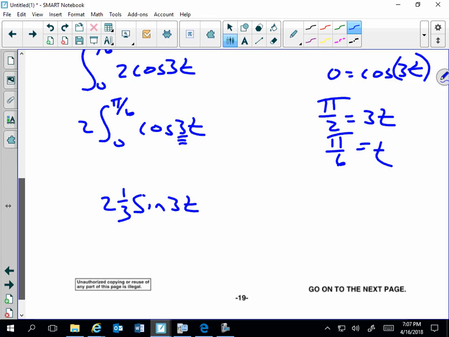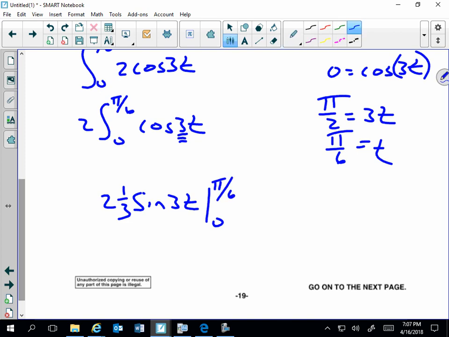All right, integrating from 0 to pi over 6. All right, so I have 2/3 now out in front. Ignore that for a second. Plug in pi over 6. The sine of 3 times pi over 6 is the sine of pi over 2. Minus, plug in 0, the sine of 0.